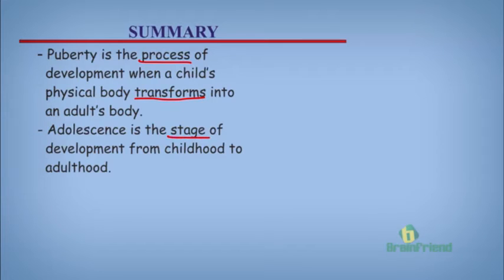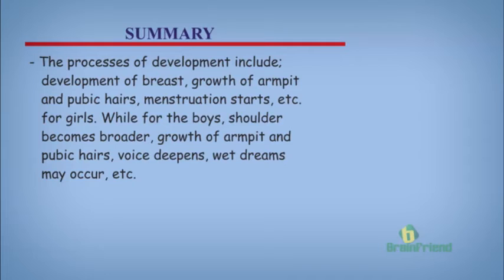Please, let's take note of this. Adolescence is the stage of development from childhood to adulthood. Another thing we talked about is the processes of development. It includes development of the breast for the girls. Growth of armpit hair is applicable to both boys and girls. Menstruation starts for the girls, and so on.